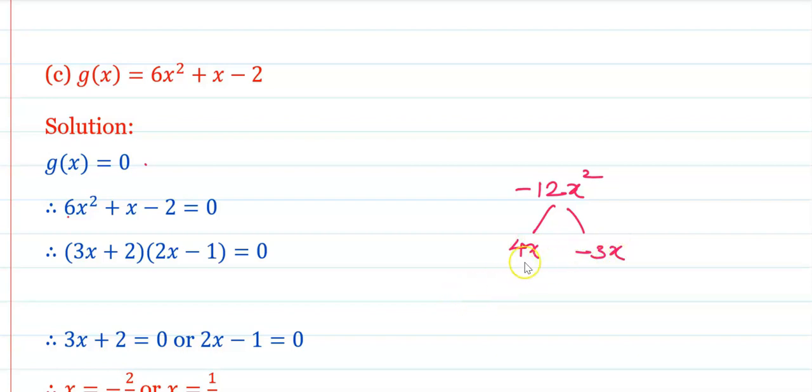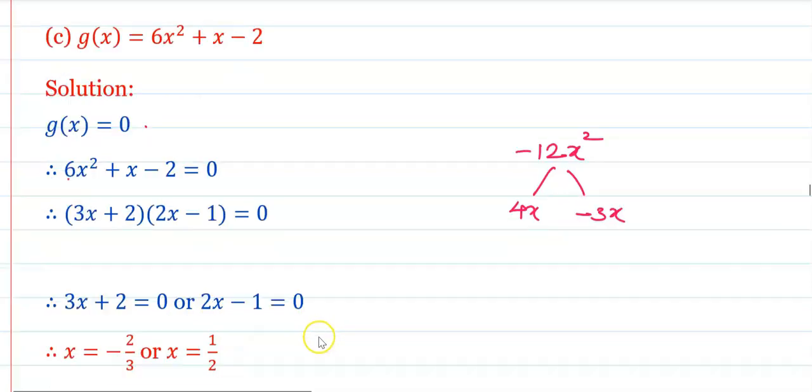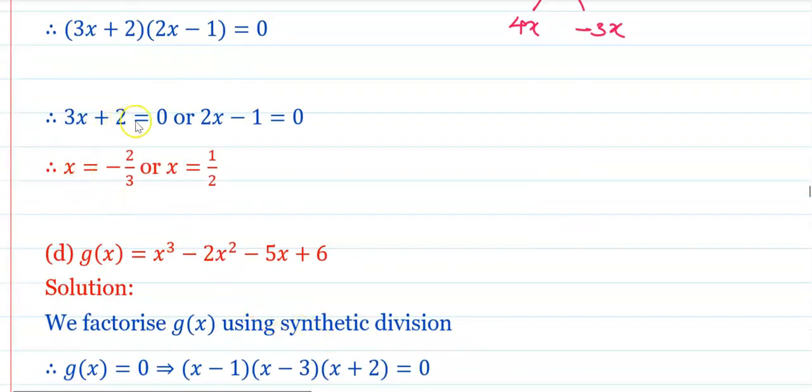Okay, and their difference is plus x and the product is minus 12x square. And in this way, if we factorize it, then you will get 3x plus 2 in first bracket and 2x minus 1 in the second bracket. Now the next is 3x plus 2 is equals to 0, or 2x minus 1 is equals to 0, and hence you will get x is equals to minus 2 by 3, or x is equals to 1 upon 2 in this way.